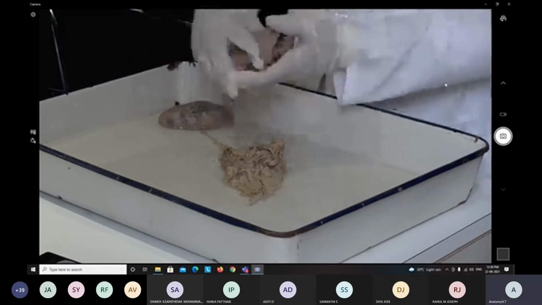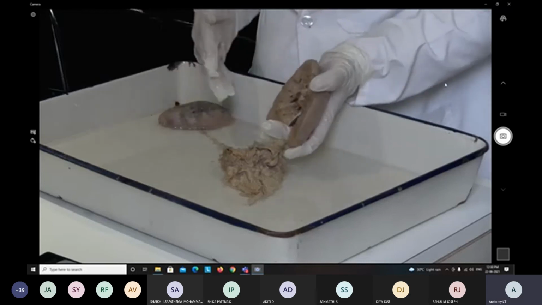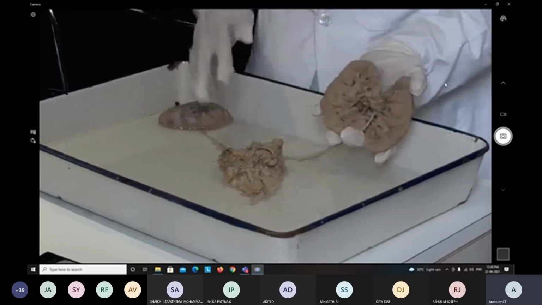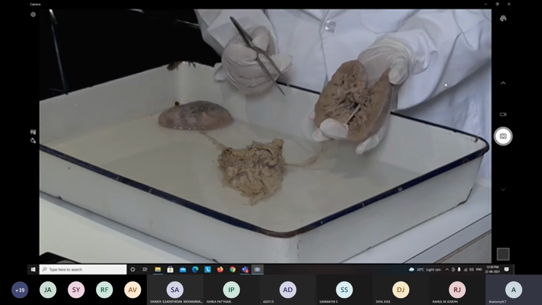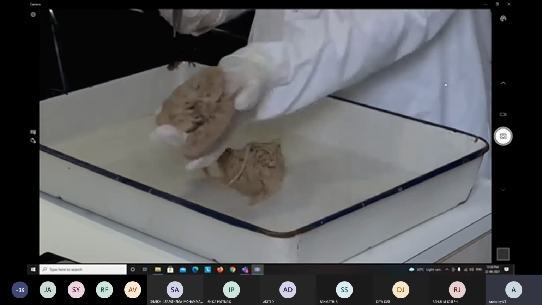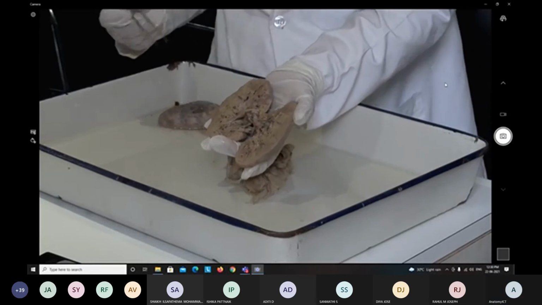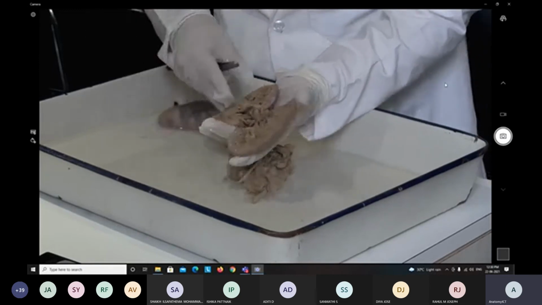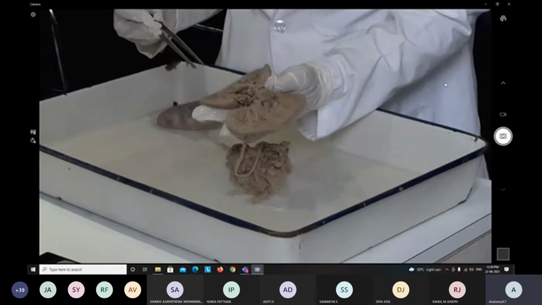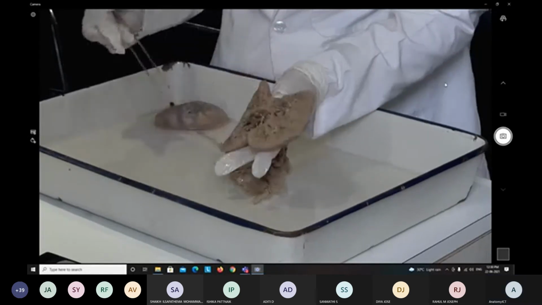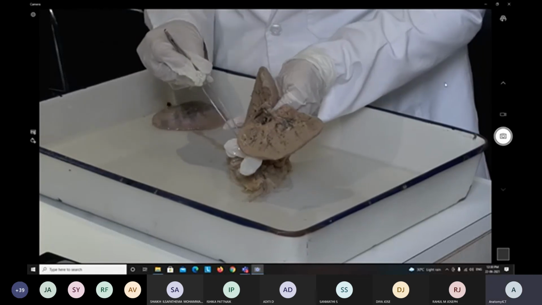The kidney is divided coronally to see the gross structure of the kidney, the macroscopic structure of the kidney. The outer cortex.